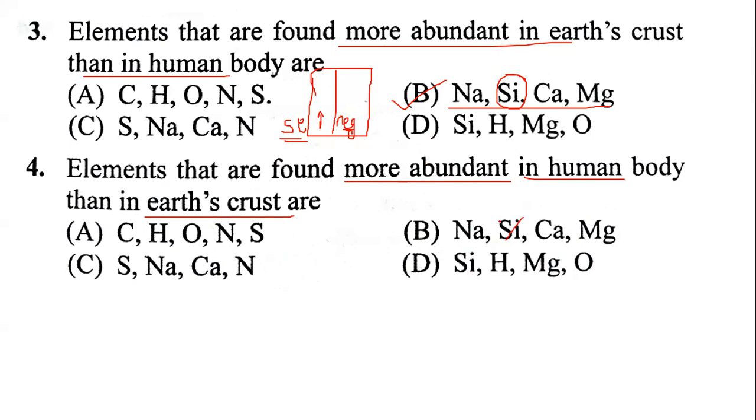At that point, this option will be invalid. Here also silicon comes, so that option can also be invalid. Calcium and magnesium will also be in a higher quantity in the Earth's crust. So calcium came over here, and the correct answer for this question will be option number A.